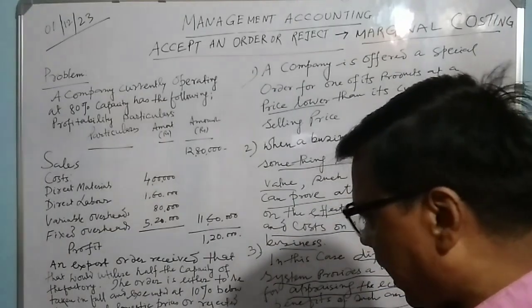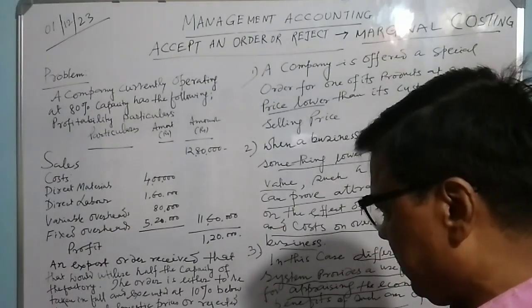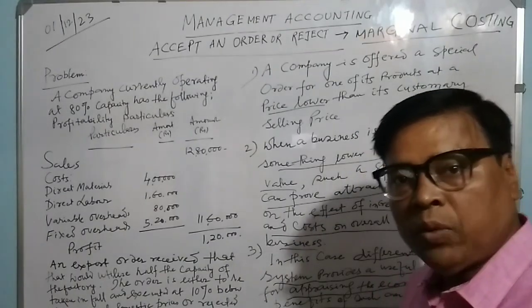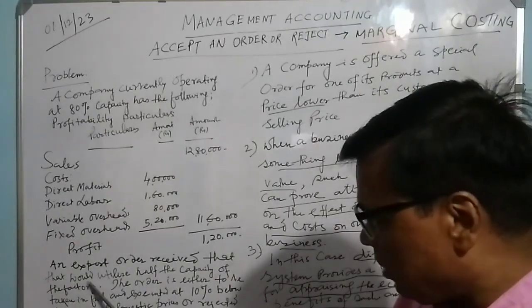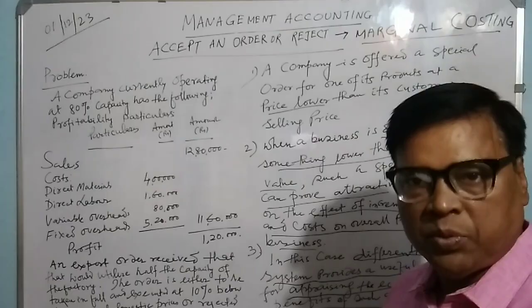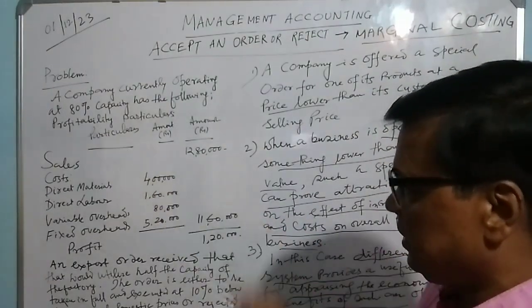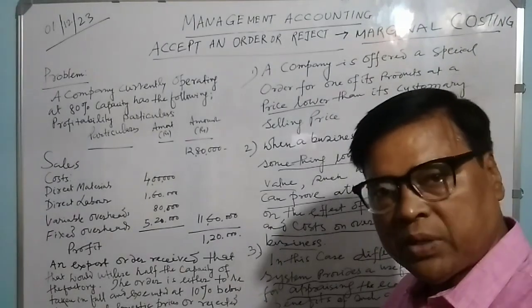The order is either to be taken in full and executed at 10% below the normal domestic prices, or rejected totally. Another important condition is there: you cannot make a compromise with that export order. Say your capacity is 80%, and 50% capacity is required for the export order.